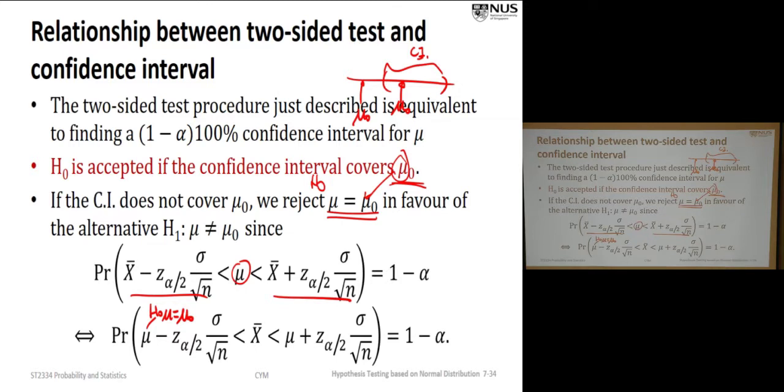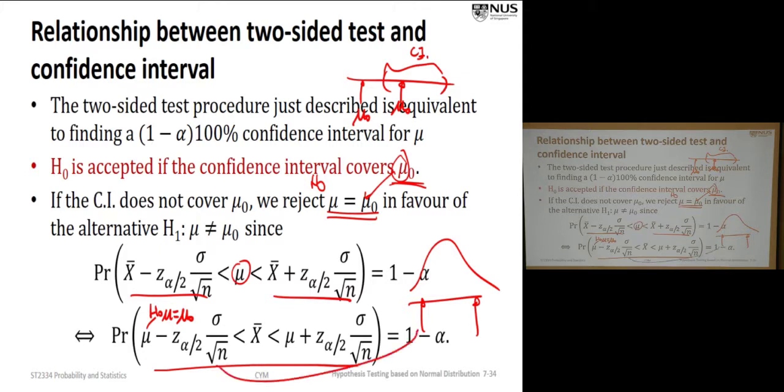The probability that x bar falls within this region is 1 minus alpha, so outside it will be alpha. So your decision is do not reject the null hypothesis. The two are the same.